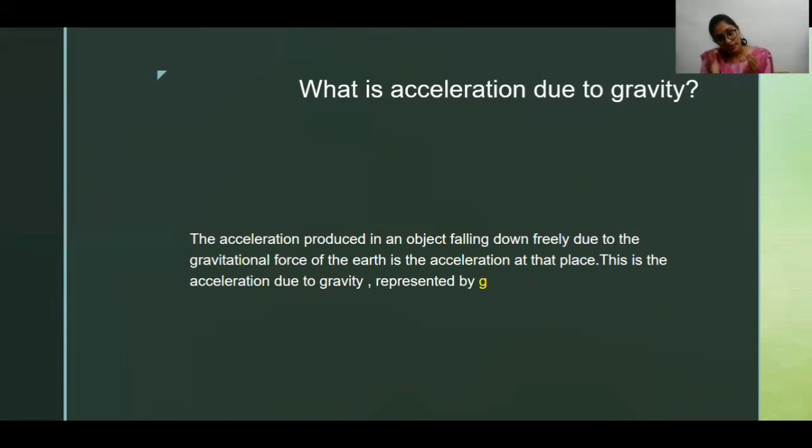When a body is falling down, the Earth attracts it to its center, and due to this attraction, an acceleration forms on the falling body. This acceleration is known as acceleration due to gravity, and it is represented by the letter g.